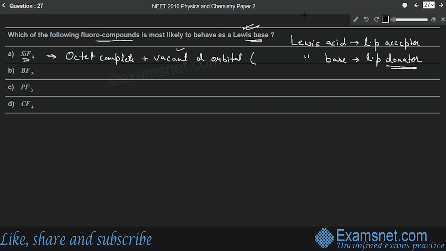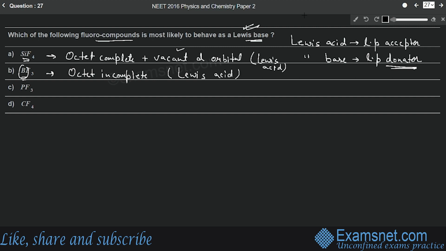So it will behave as a Lewis acid. Now the second one is BF3. Now we know that boron has an incomplete octet in this. So it is quite obvious that it will accept the lone pair of electrons to complete its octet. Okay, so it will also behave as a Lewis acid.